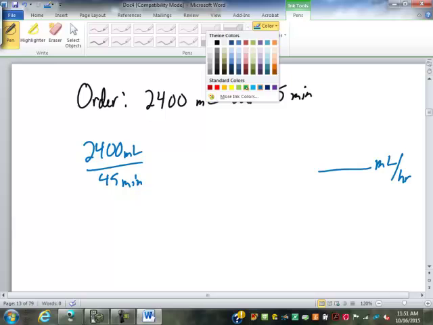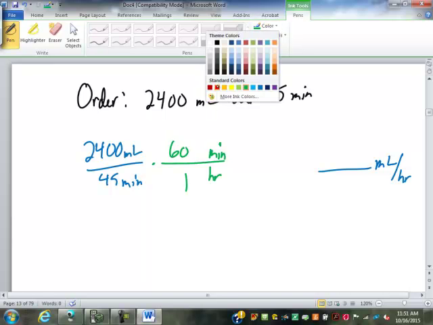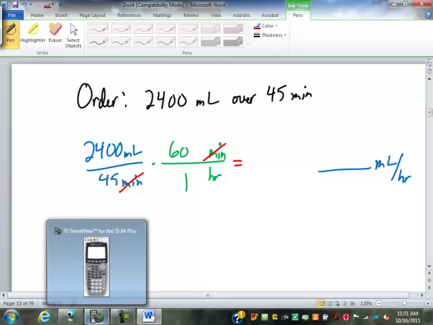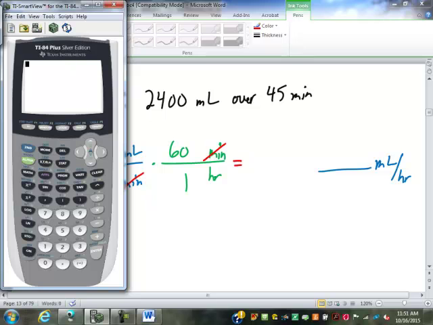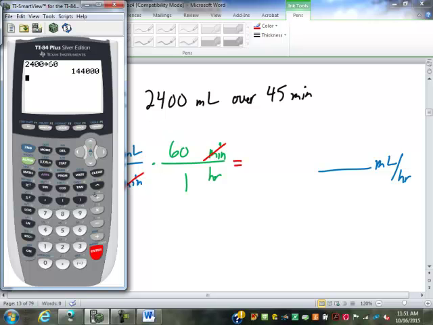Let's get rid of the minutes. 1 hour is 60 minutes, so the minutes will cross cancel. If you wanted to, you could cross cancel the numbers too, but usually with calculators it's easier just to multiply it out. So 2,400 times 60 is 144,000, and then divided by the 45, 3,200.